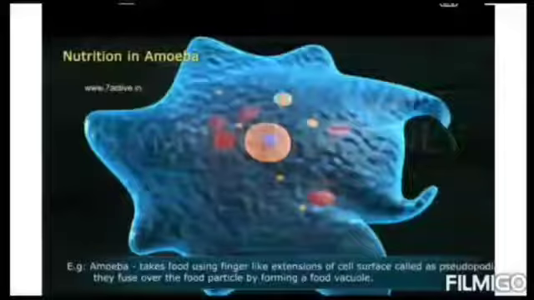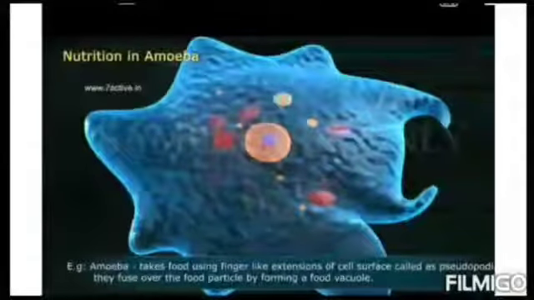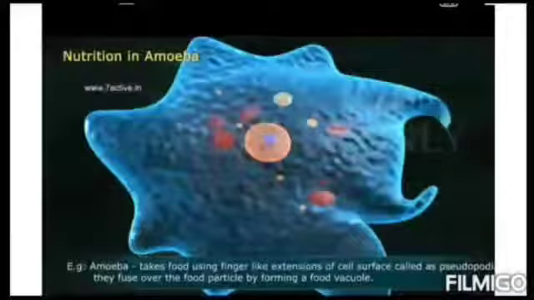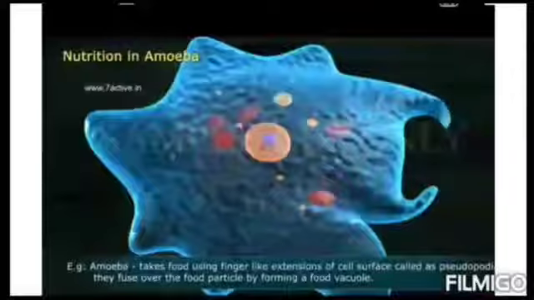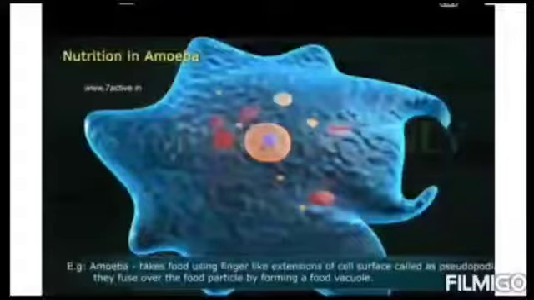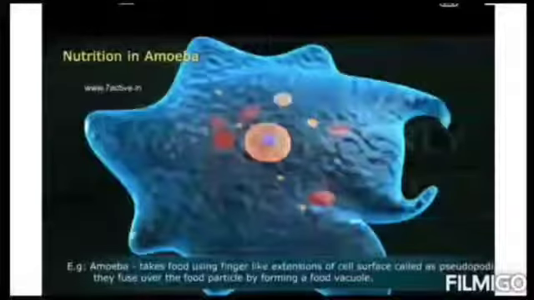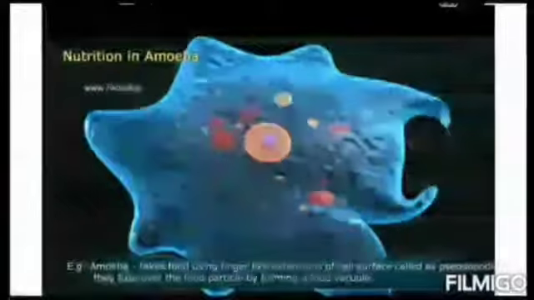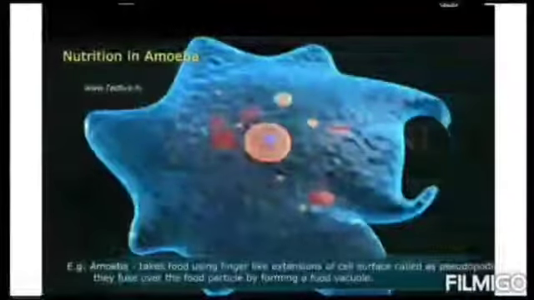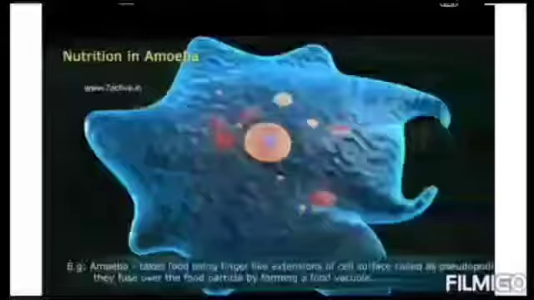It has a nucleus and many bubble-like vacuoles. But it doesn't have a definite shape like other organisms, because it doesn't have a definite cell.